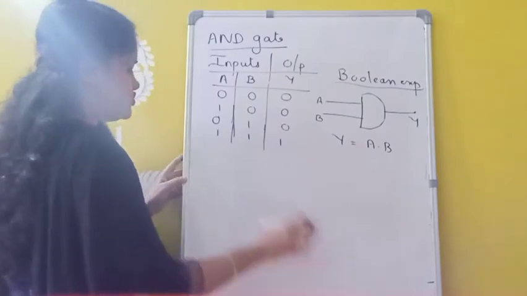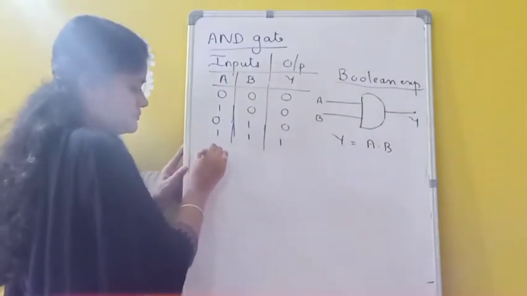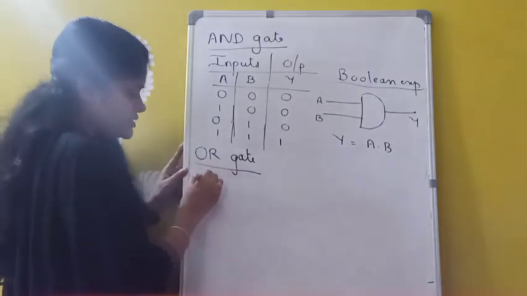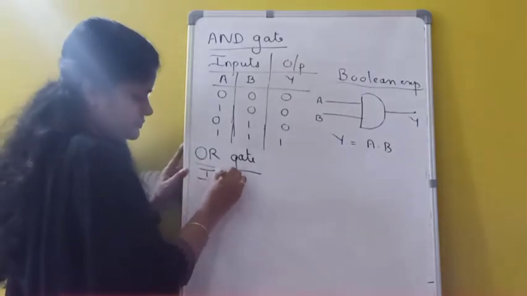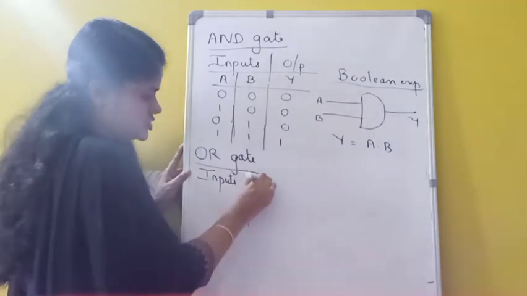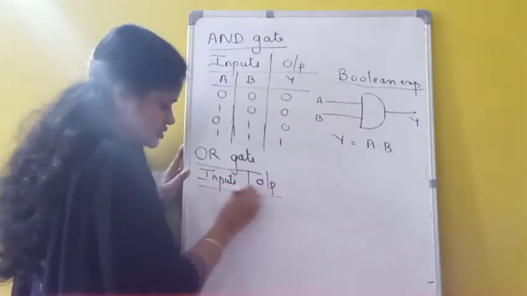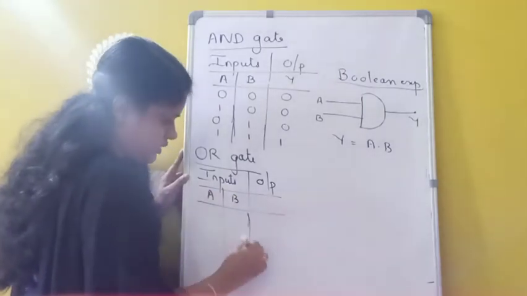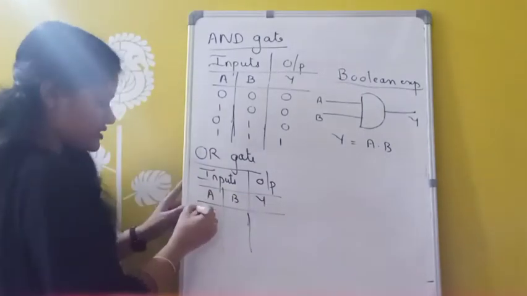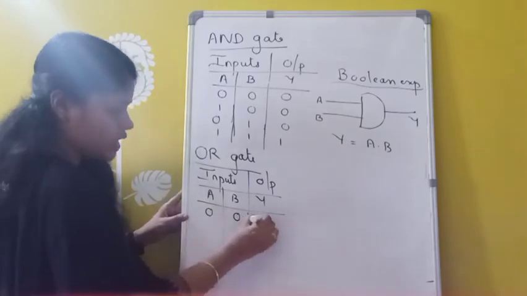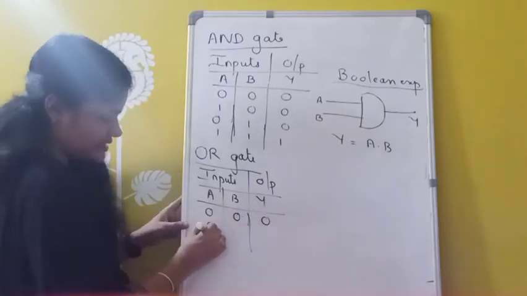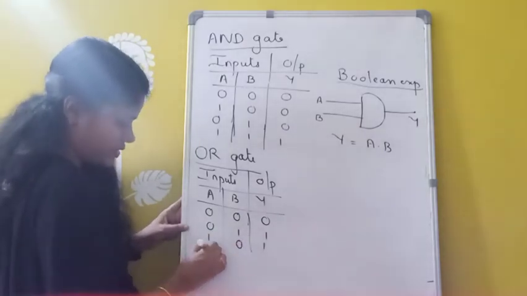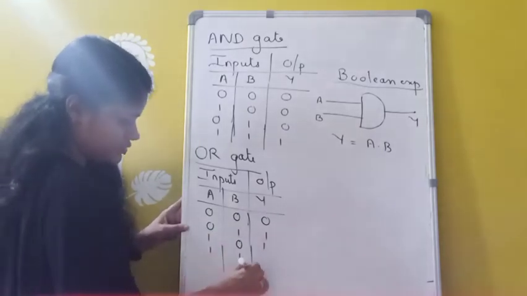Next we can go for the OR gate. In the OR gate, we have two inputs, A and B, and one output Y. The first input is 0, 0, output is also 0. 0, 1, output is 1. 1, 0, output is 1. 1, 1, output is also 1.